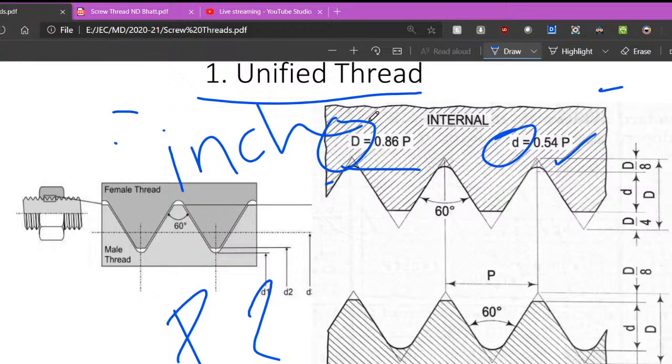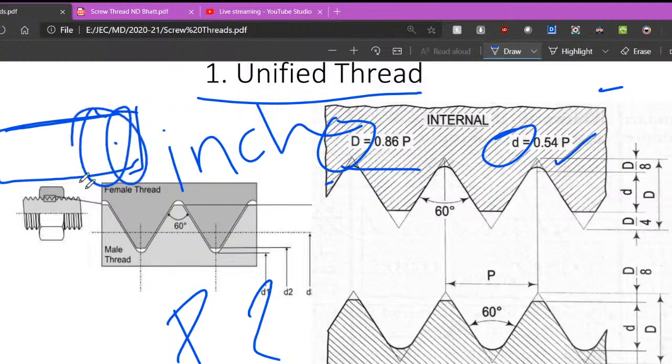It is always mentioned in inches. So there would be some nominal diameter, that is the diameter of the cylindrical bar on which you are going to cut the thread. That will be mentioned in the form of inches.